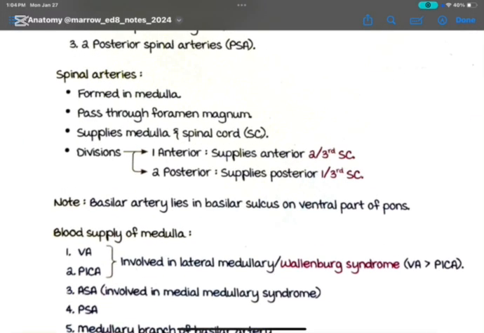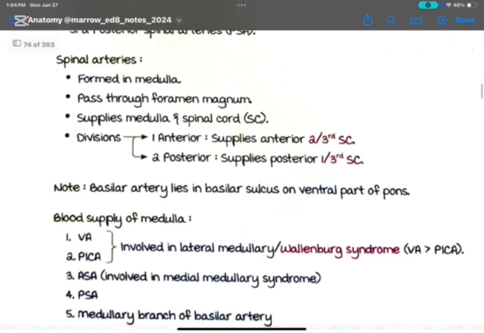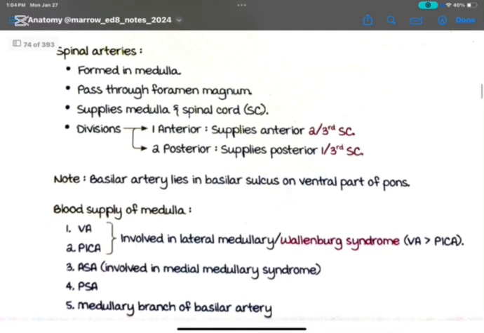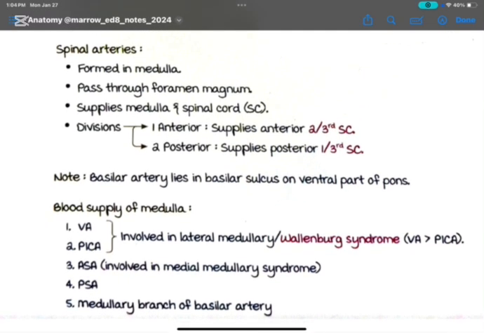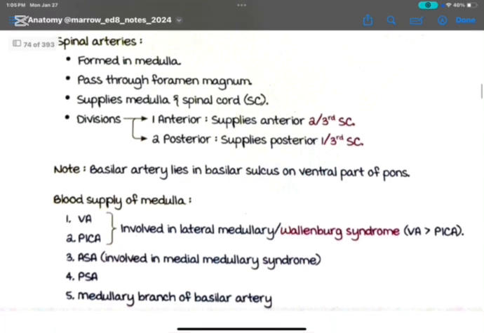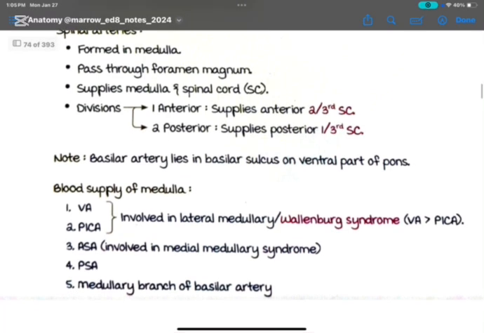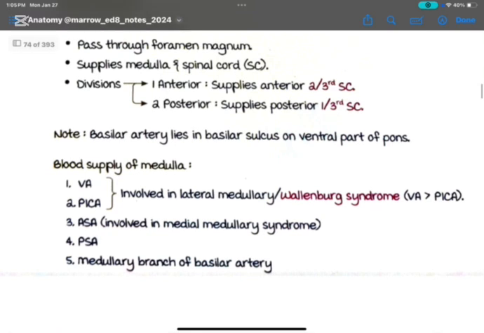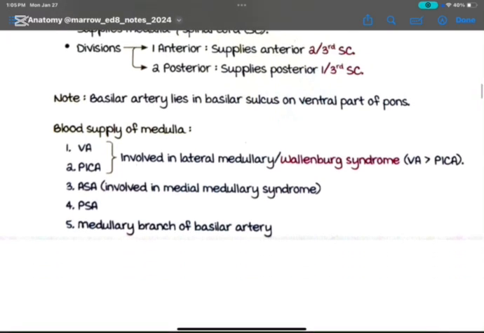Spinal arteries formed in the medulla, pass through foramen magnum, supply medulla and spinal cord. Divisions: one anterior, two posterior. One anterior supplies anterior 2/3 of spinal cord. Posterior 2 supply posterior 1/3 of spinal cord. Basilar artery lies in basilar groove on ventral part of pons.